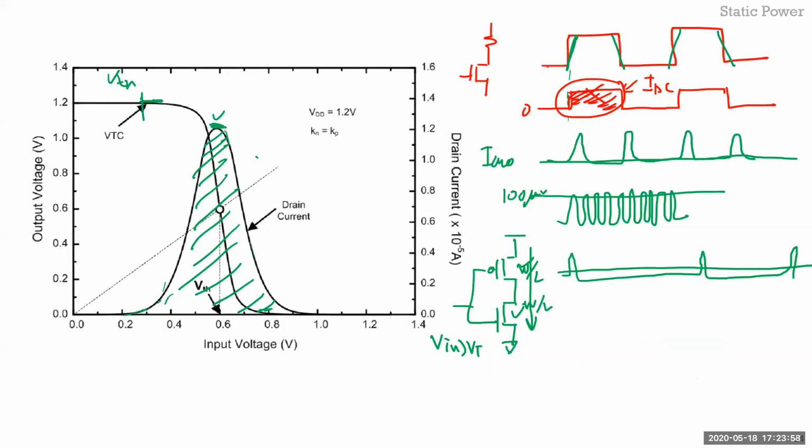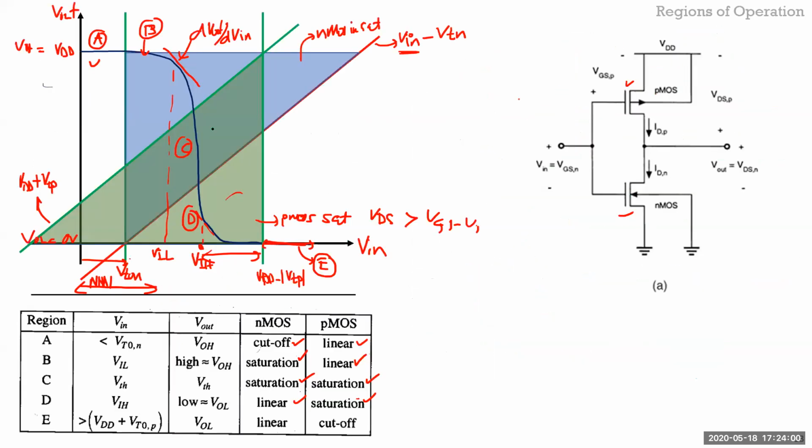For VIL calculation, you would be in this region here, so you write your IDS of NMOS in saturation region, which should be equal to the IDS of PMOS in linear region. You have to do that.